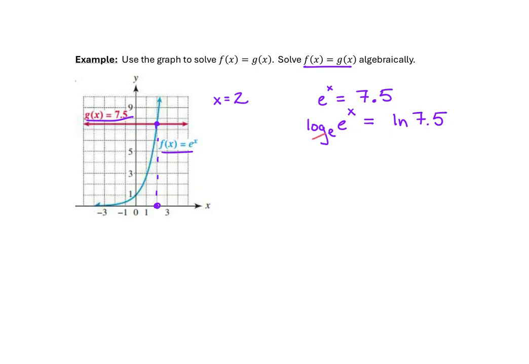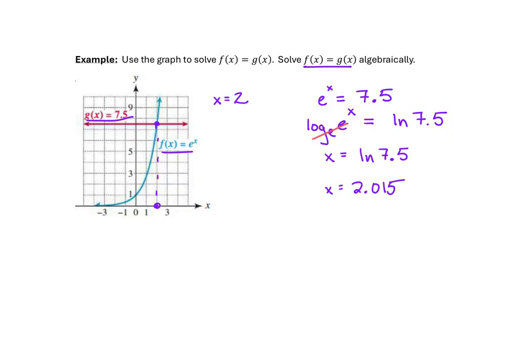On the left, we can cancel our log base and our base for our exponential, and we are just left with x equals natural log of 7.5. All right, if we put this into our calculator to compute this, what I get is x equals 2.015, rounded to the nearest thousandth.